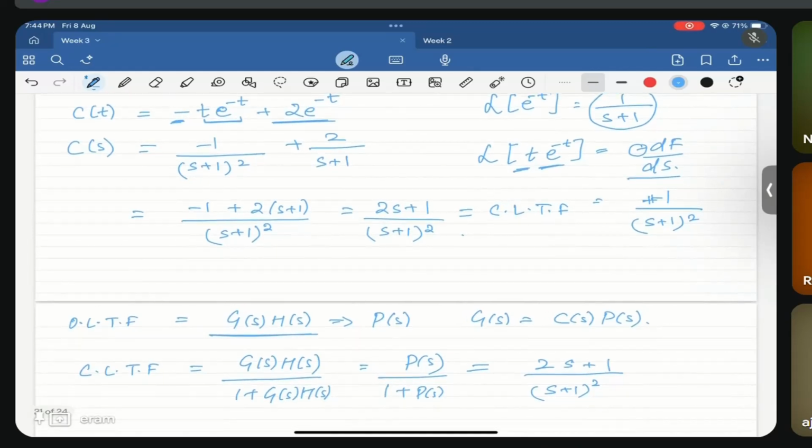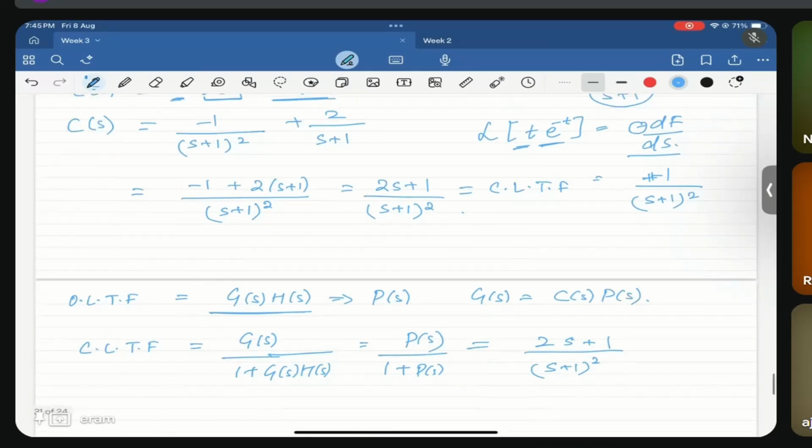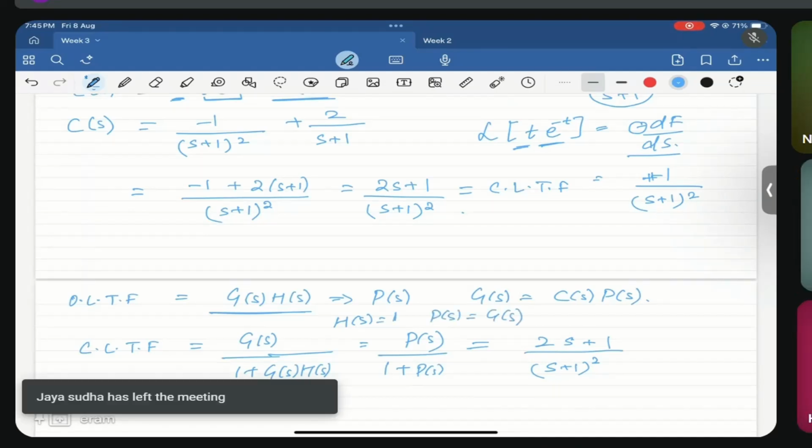Oh, okay. Yes. Thank you. G(s) upon 1 plus G(s)H(s). Correct. So it is unity feedback, which means H(s) is 1 only. Yes, ma'am. So P(s) equals G(s). So this remains the same.